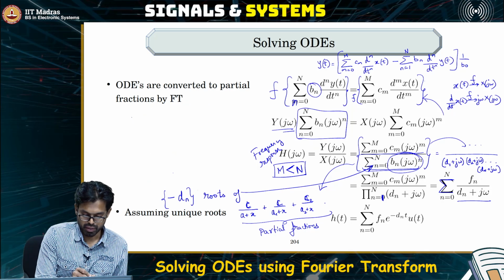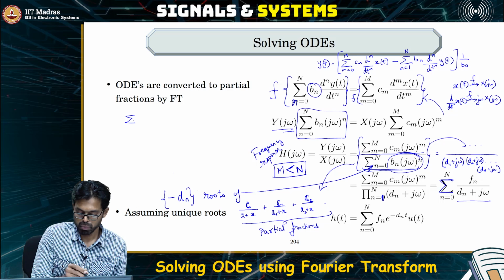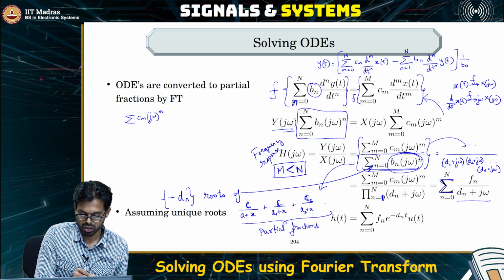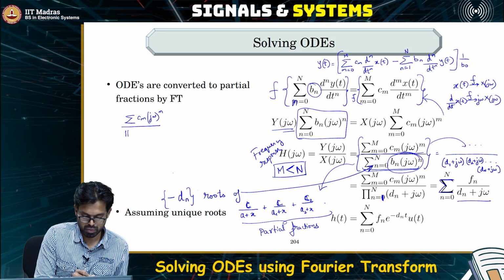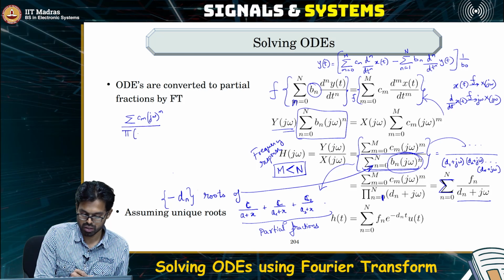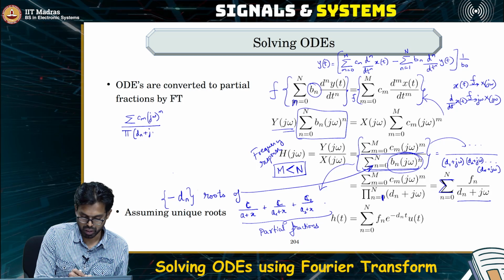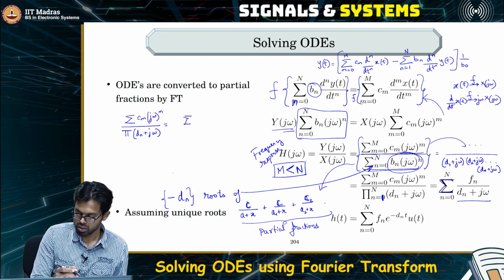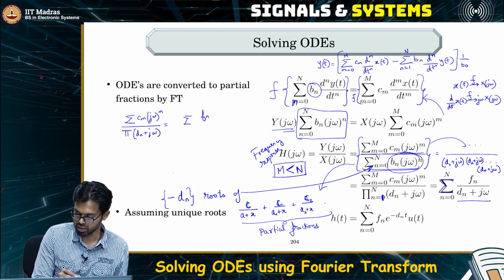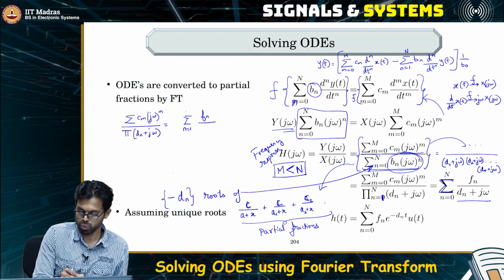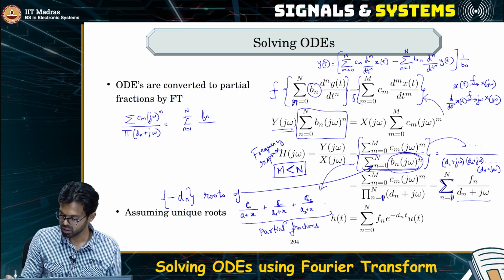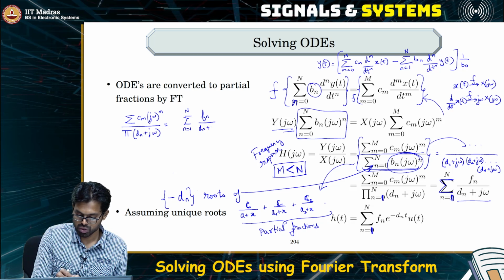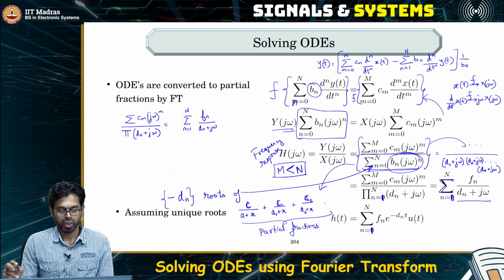What we are saying here is that the numerator polynomial divided by the denominator polynomial, which is factorized as the product of dn plus j omega, is equal to this summation, which is the partial fraction, n equals 1 to capital N of fn over dn plus j omega.